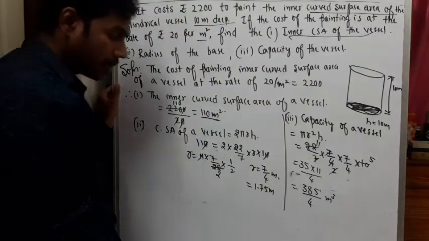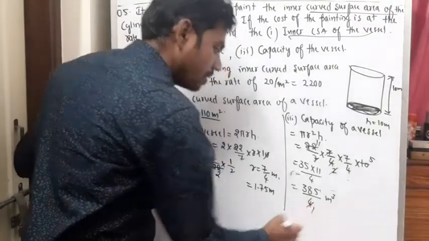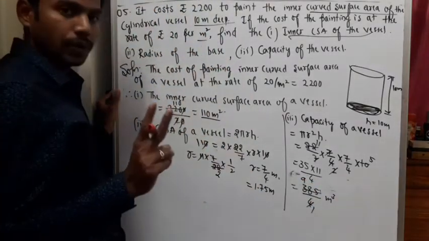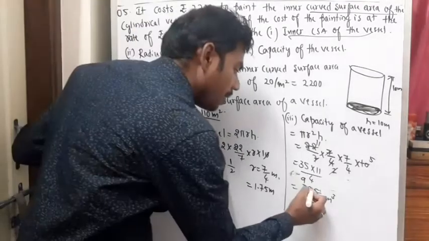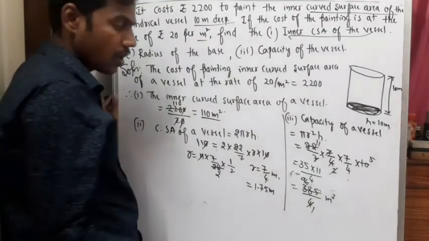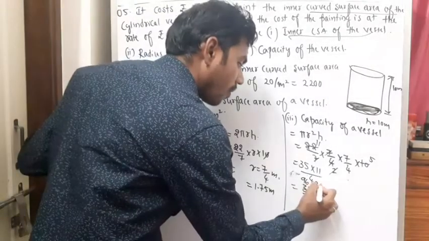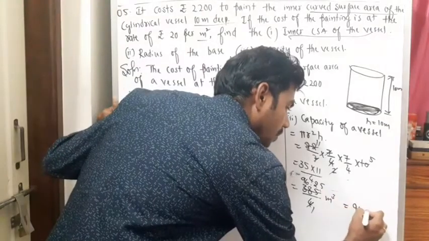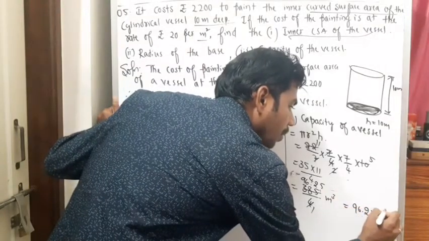385 by 4 meter cube, or else 4 1s are 4, 4 9s are 36, 2 left, 25. 4 6s are 24, 1 left, 10. 4 2s are 8, 4 5s are 20. That is 96.25 meter cube.